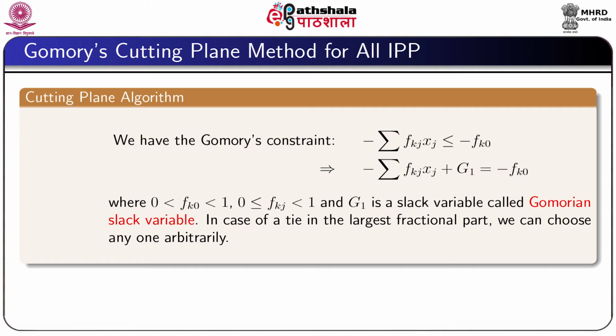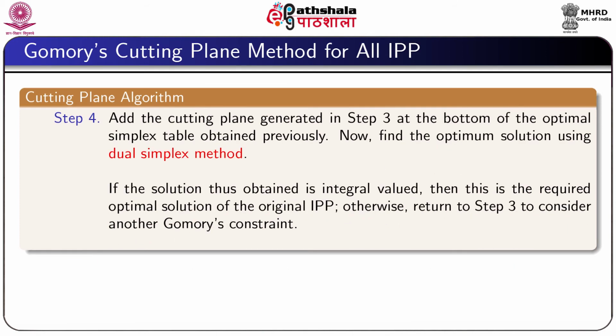In case of a tie in the largest fractional part, we can choose any one arbitrarily. In the next step, we add the cutting plane generated in step 3 at the bottom of the optimum simplex table obtained previously.